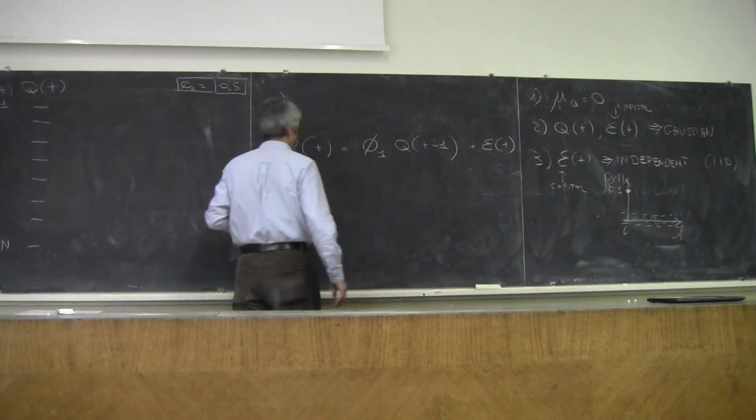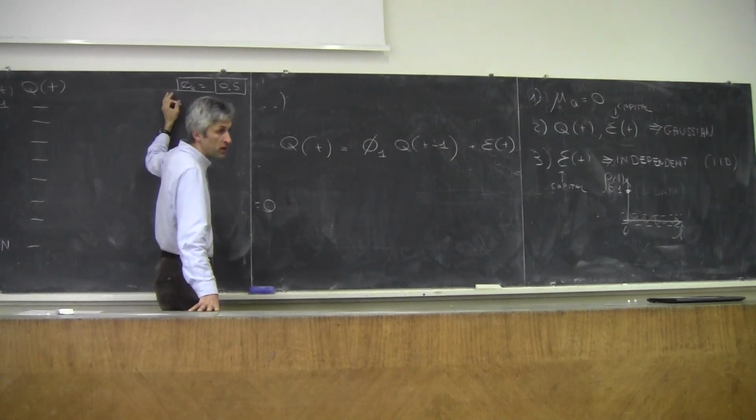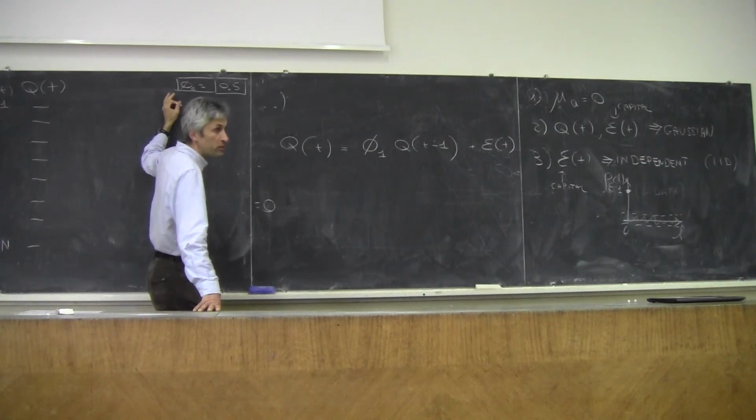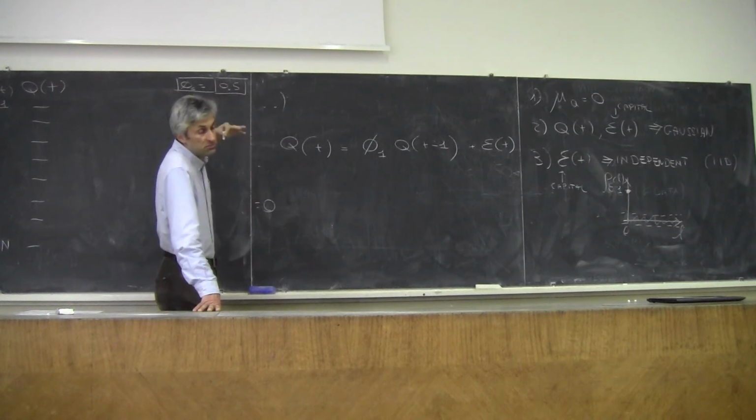For reasons that I will explain later, phi1 varies between -1 and +1, with the extremes excluded. So the absolute value, it can be proved, we will prove that the absolute value is lower than 1. This is why I start from 0.5, just a trial coefficient.